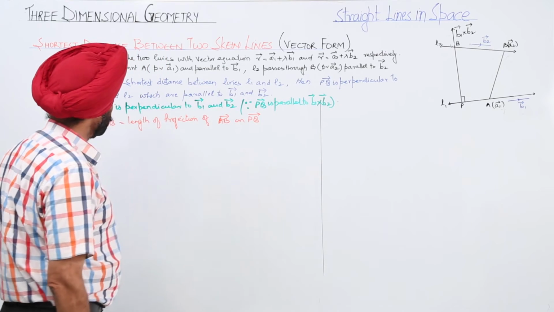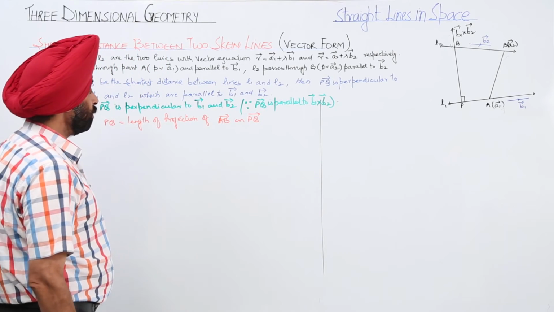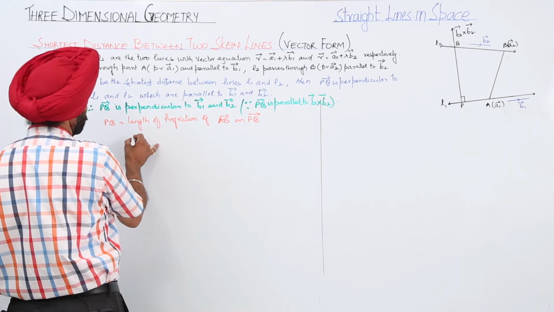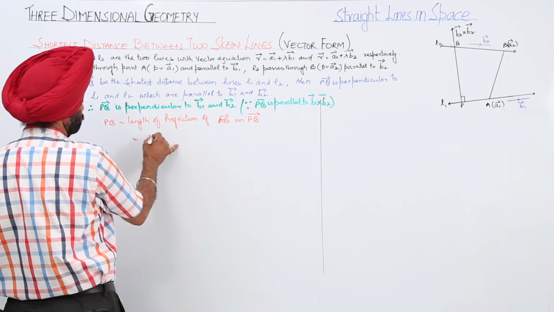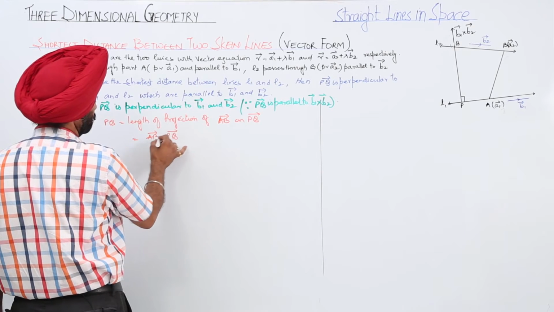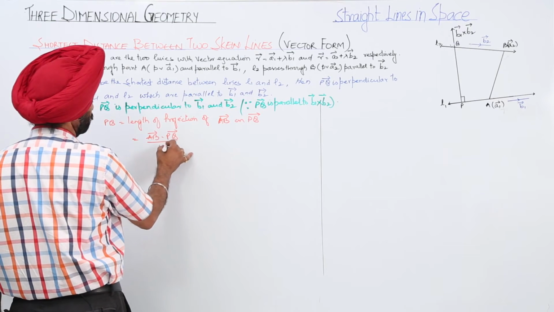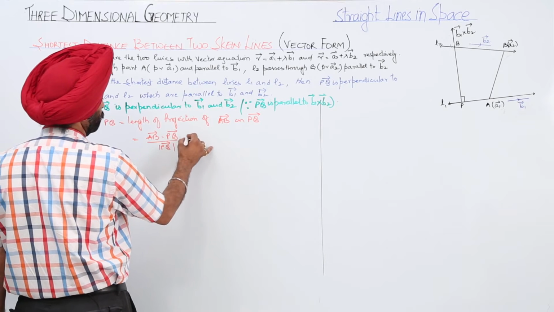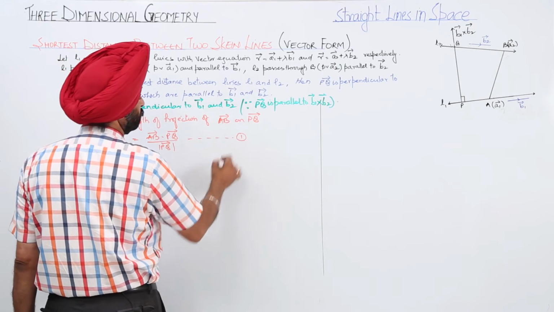Length of projection of AB on PQ. Therefore, this is equal to vector AB dot vector PQ upon magnitude of vector PQ. Let this be number 1.